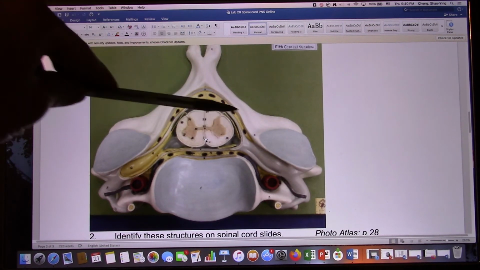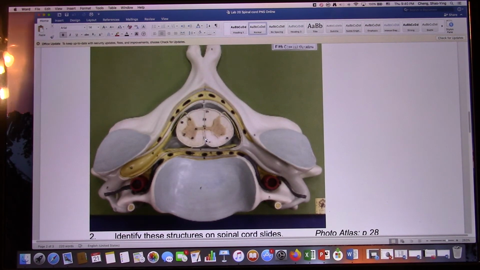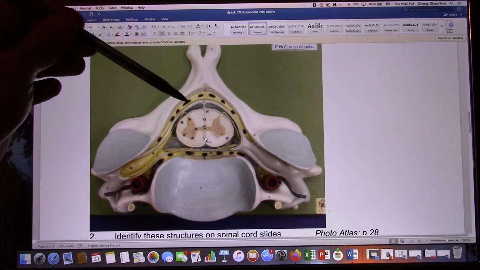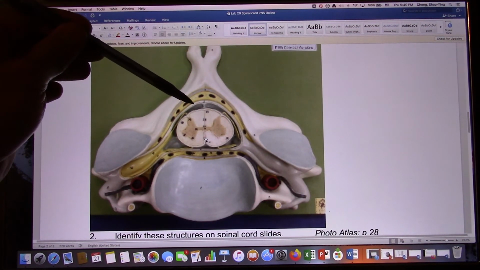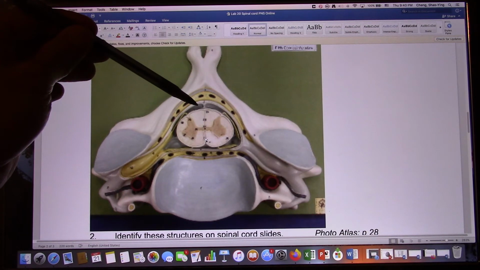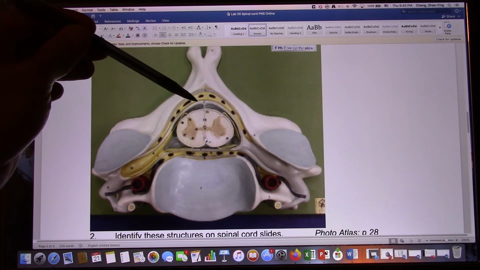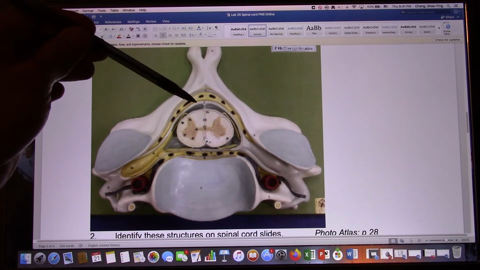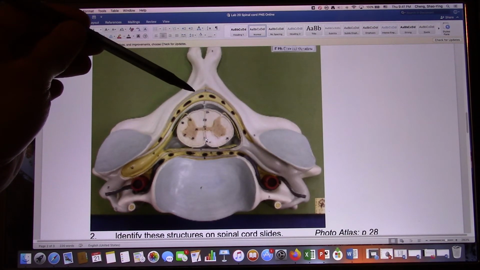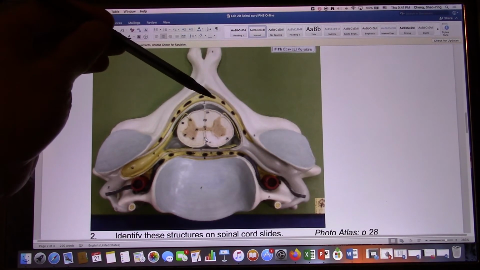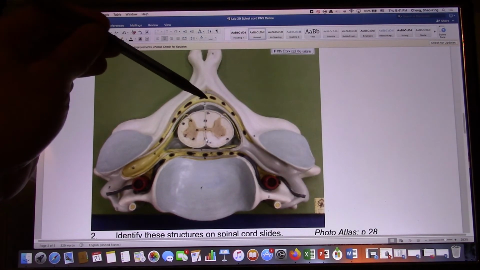Let's look at this area. This is your spinal cord, covered by 3 layers. The pia is this one. This is the arachnoid, the subarachnoid space, and the outside is dura. Between the dura and the vertebra, you'll find this space is completely filled with fat.